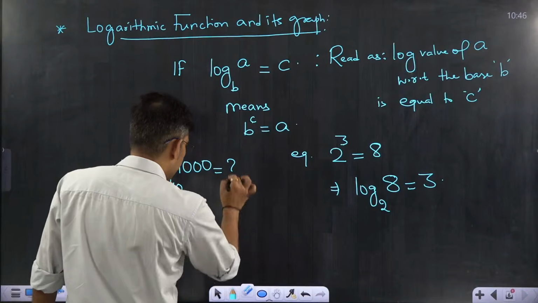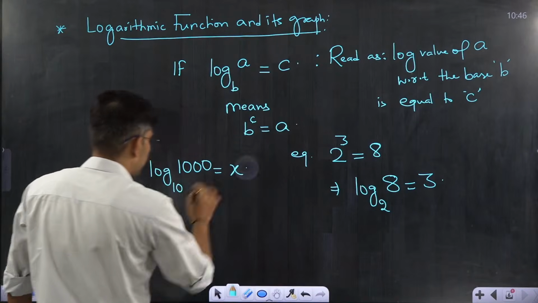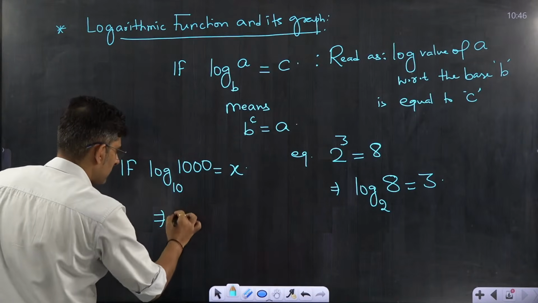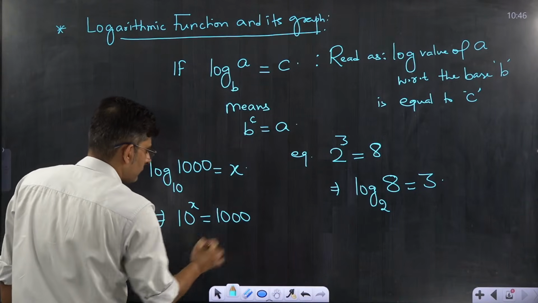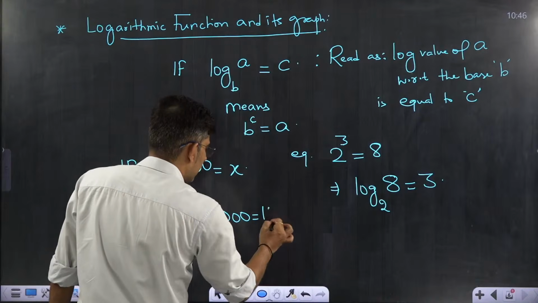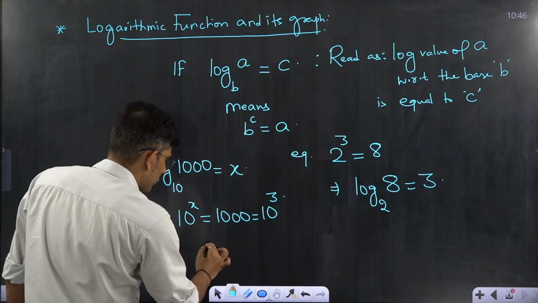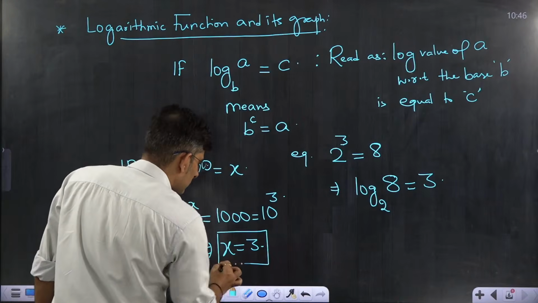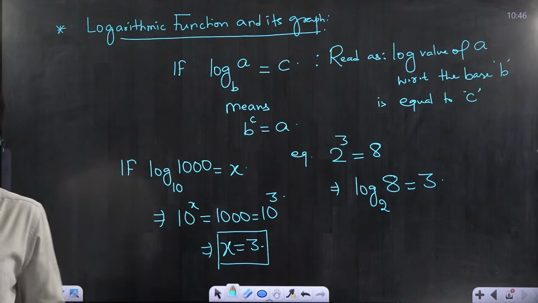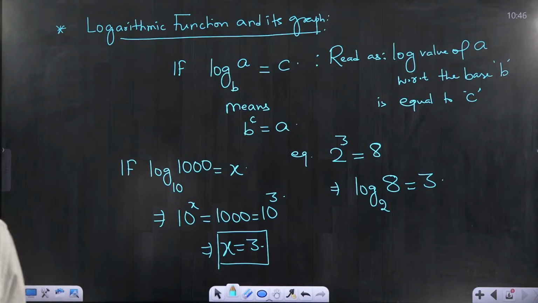Suppose this is equals to x. This means 10 to the power x will be equals to 1000, or 1000 can be written as 10 cube. So equating powers of same base, x is equals to 3. Whenever we calculate the power of something, it is called as logarithm.